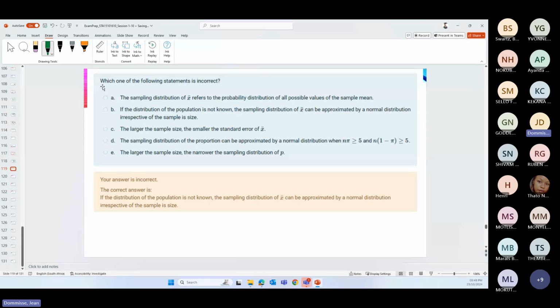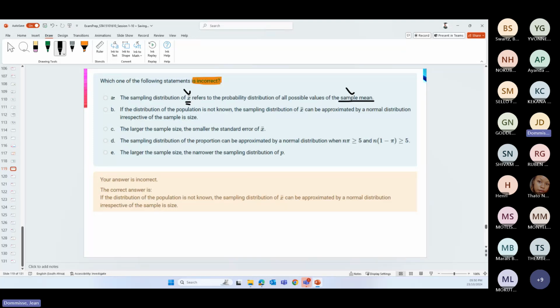Okay, which one of the following statements is incorrect? Okay, the sampling distribution of the mean refers to the probability distribution of all possible values of the sample mean. Okay, so that is the sample mean.